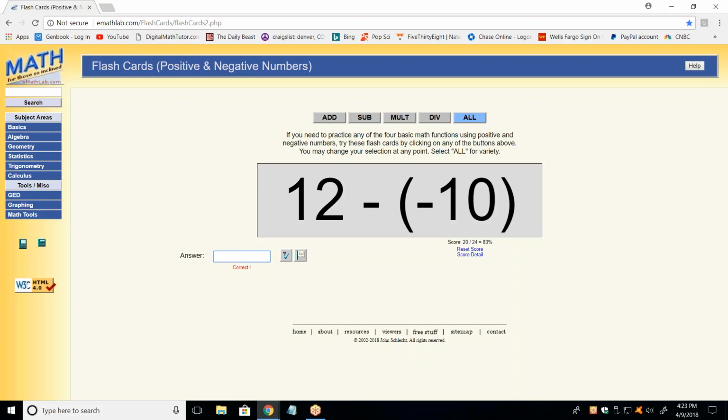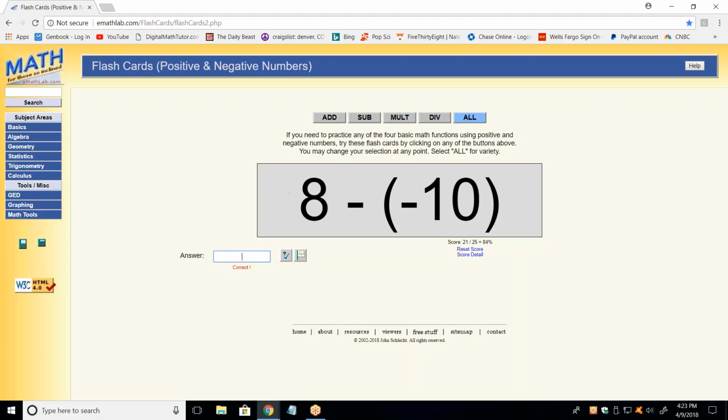Minus, negative. Okay, so this is going to be positive 2. Both of those minus signs turn into a single plus sign. So this becomes 12 plus 10. Oh, 22. Okay. All right.